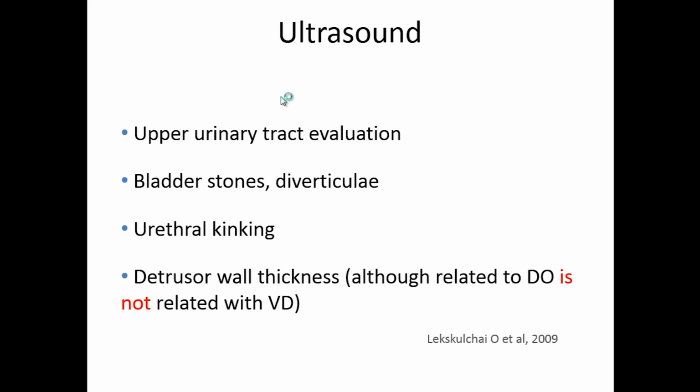And for the detrusor wall thickness, there are several reports, but most of them relate it to detrusor overactivity, and there is no clear relation, unlike in men, between the detrusor wall thickness and voiding dysfunction and obstruction. So the detrusor wall thickness does not have as much importance in women as it has in men.